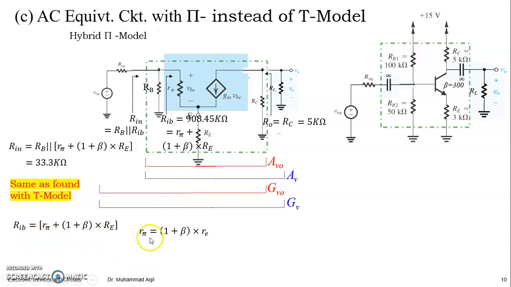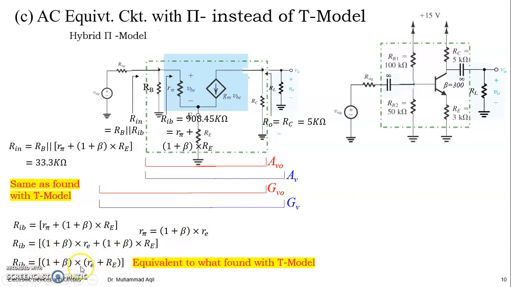So we know that R pi is equal to 1 plus beta times the input resistance at the emitter, right? So we can plug it here, 1 plus beta times RE, and we can now take this 1 plus beta common. We got 1 plus beta times RE plus RE, which is equivalent to what was found with T model, right?